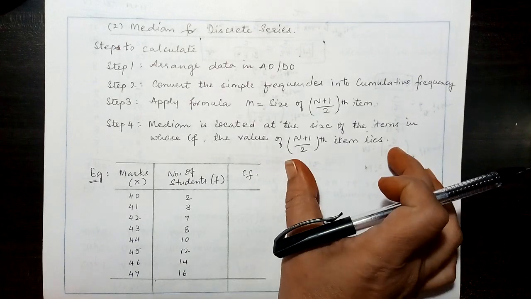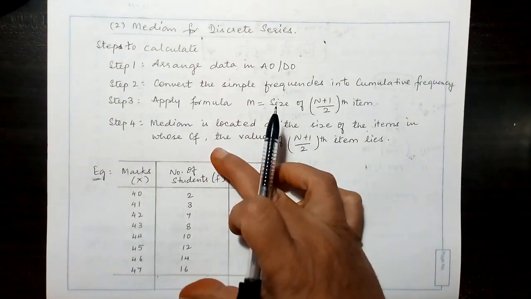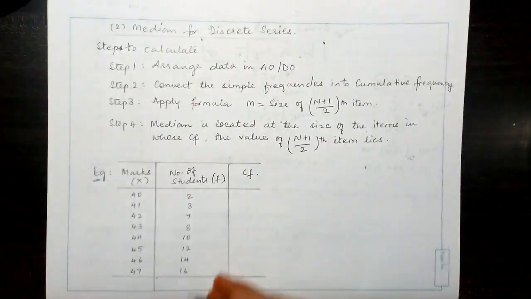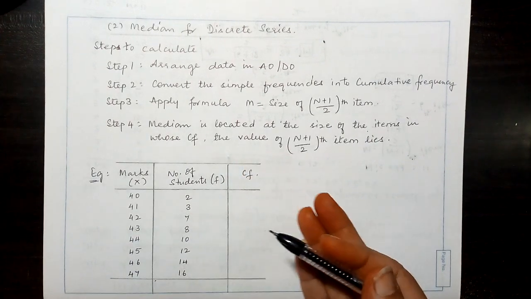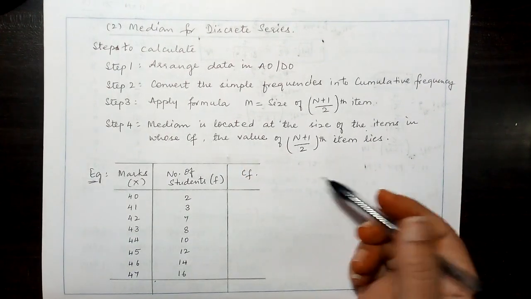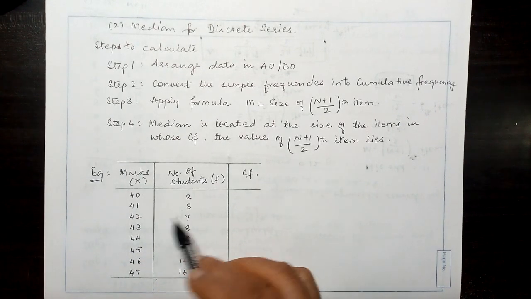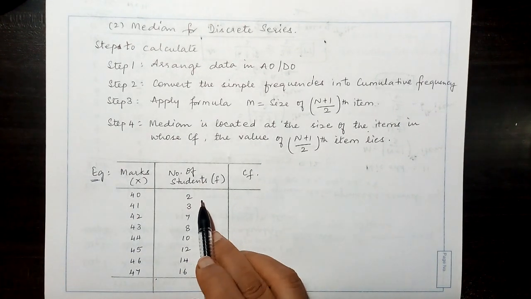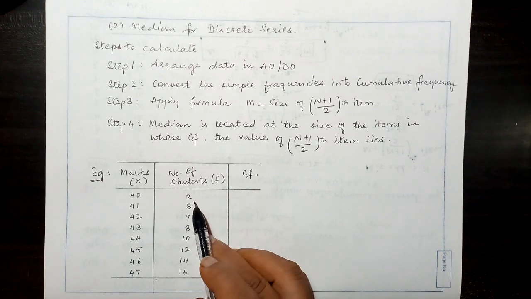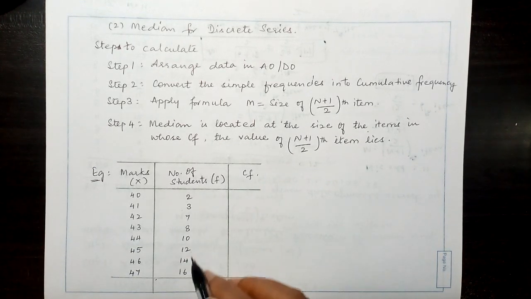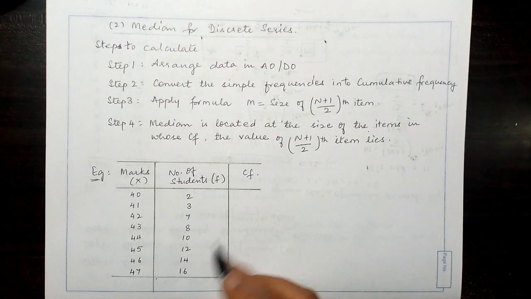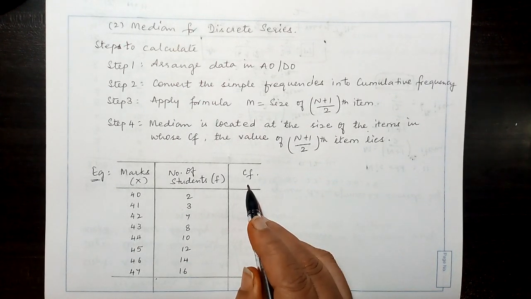Now why we are doing this is, suppose you expand this into the number of students and their individual marks, you would get the same answer. But here, since the number of students is more, we will write the mark once with its frequency, and then we will calculate the cumulative frequency.